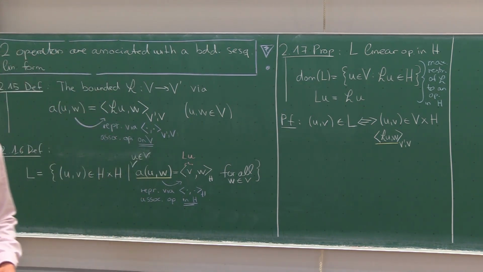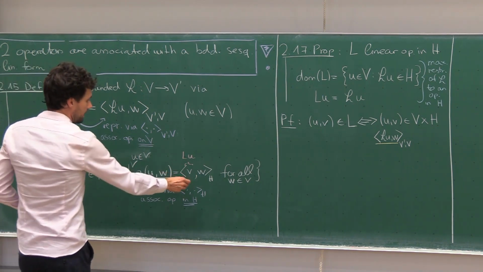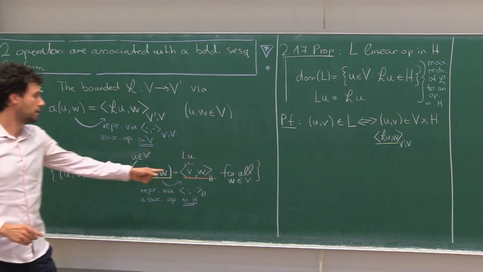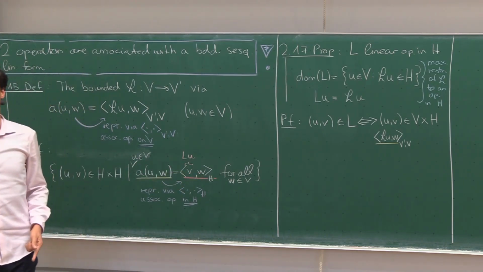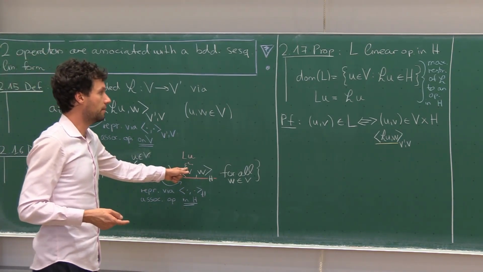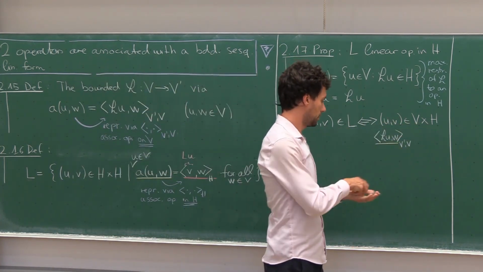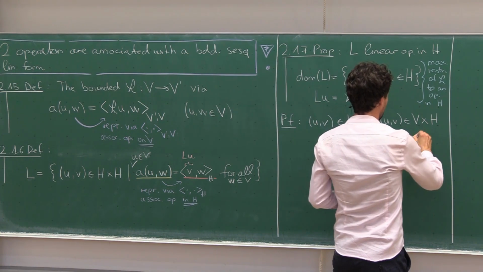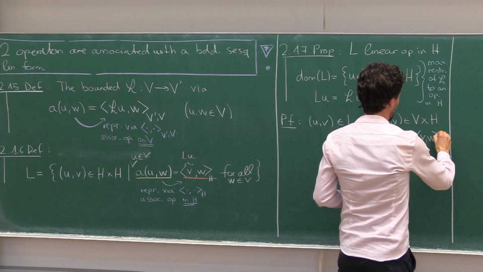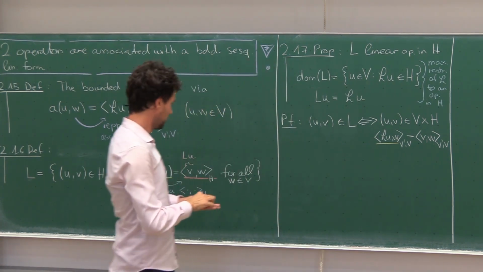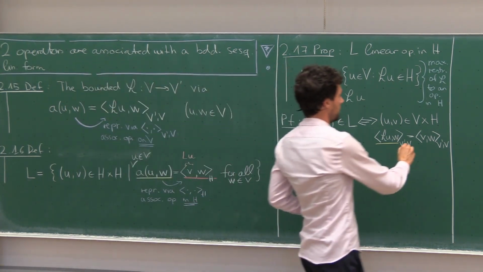And then on the right hand side, I wrote V comma W with the H inner product, but because I know that V is an element of H, this inner product is the same as the action of V on W in the V prime V bracket. Okay? This is just the same thing.